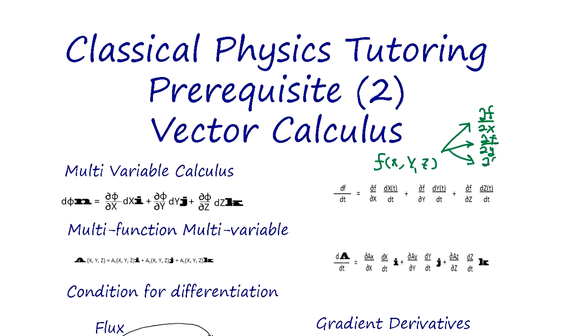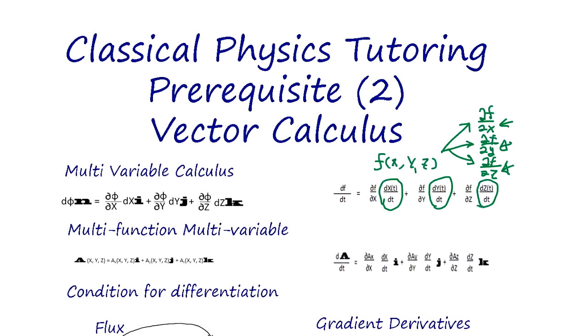Generally speaking, x can be time, y can be some other parameter like density, z can be something else. But in vector calculus, x, y, z are all coordinate values, and coordinate values can be functions of time. So you have a parameter derivative.